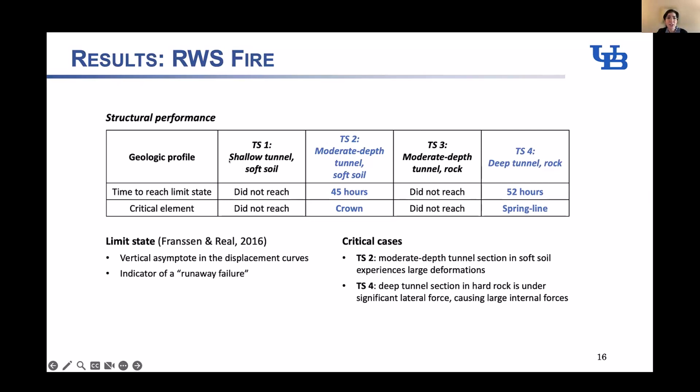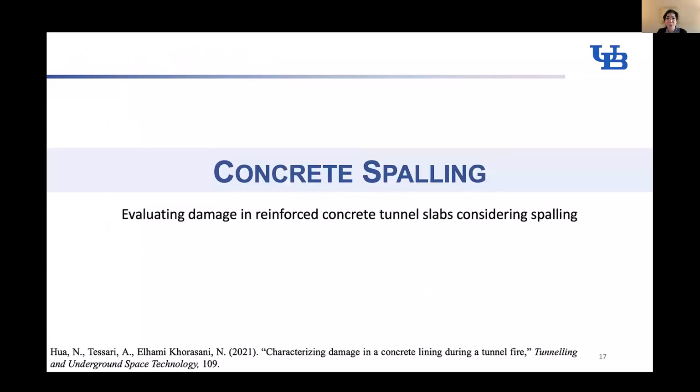TS1 and TS3, shallow in soft soil and moderate depth in rock, did not fail at all in 100 hours, whereas for TS2 and TS4, so the geotechnical condition makes a difference, failure occurred at 45 hours and 52 hours. One had a runaway failure at the crown, the other a runaway failure at the spring line. They actually experienced collapse.